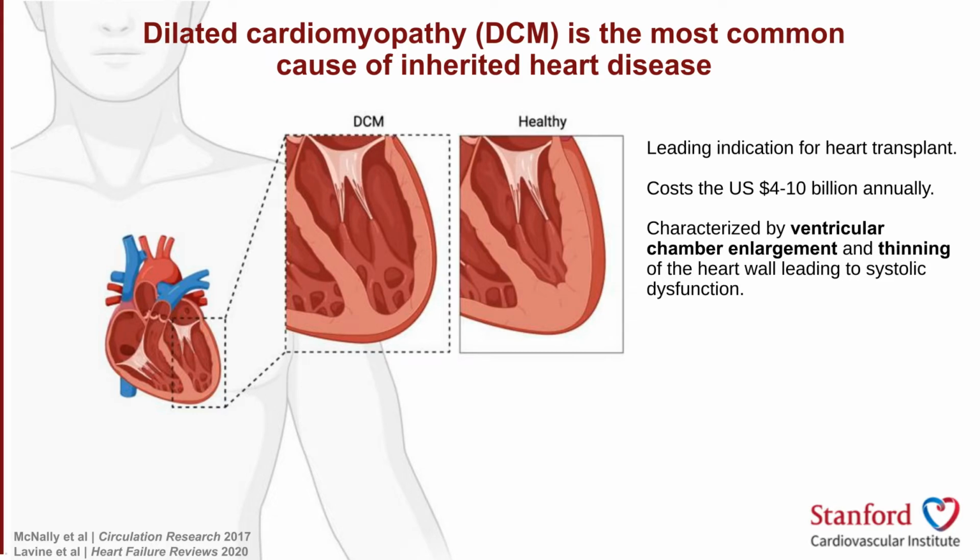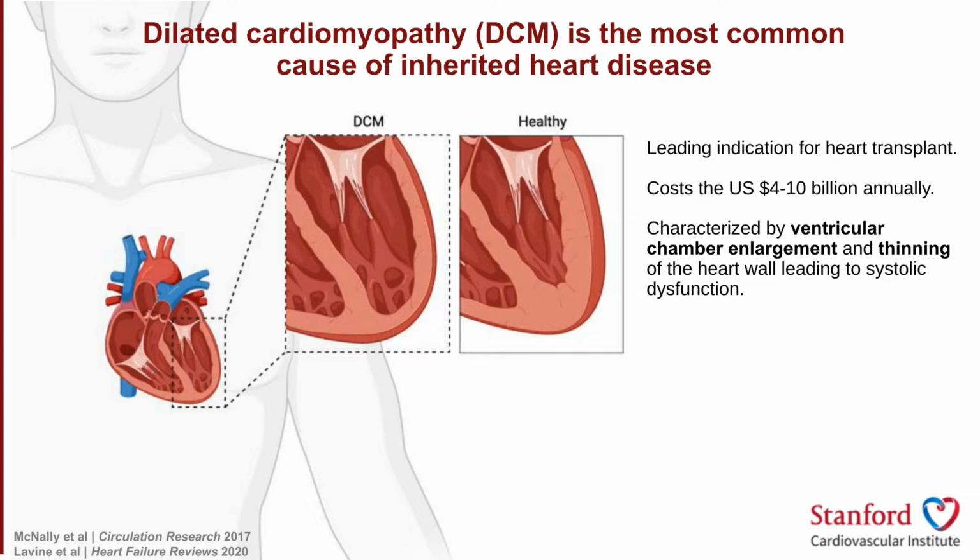So with a prevalence of at least 1 in every 2,500 people, DCM is the most common cause of heart failure after coronary artery disease, as well as the leading indication for heart transplant. The cost of managing DCM in the US alone has been estimated to be between 4 and 10 billion annually.